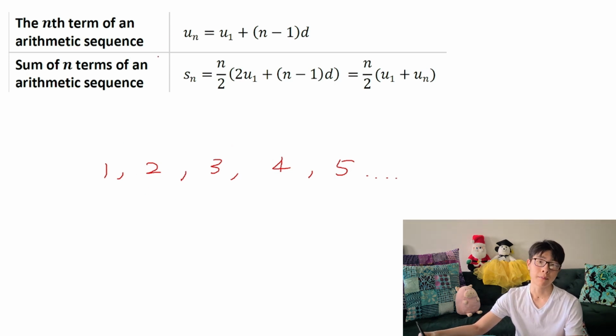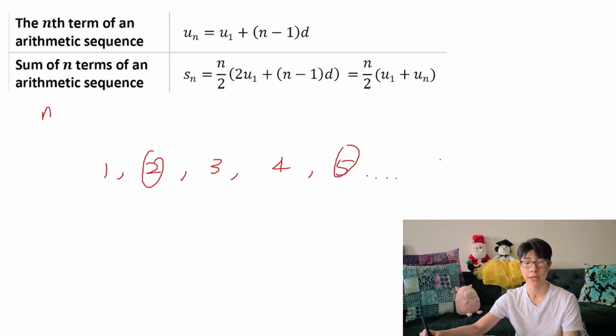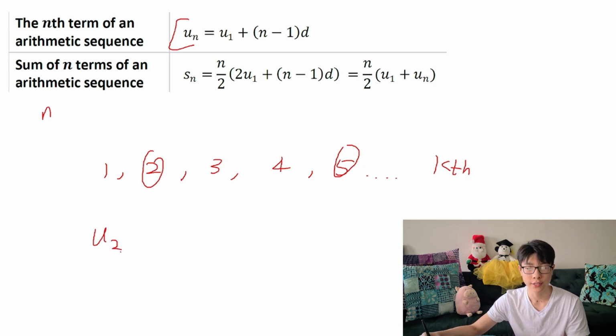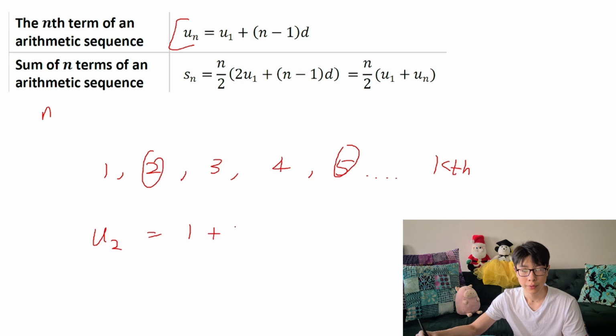So what does the nth term mean? Well, nth is sort of like an arbitrary definition for any term in a sequence. The second term could be the nth term. The fifth term could be the nth term. The kth term could be the nth term. Now, I know that sounds a little bit confusing, but the applications will be a lot simpler when we get to them. So it's basically saying if we want to find u_n, the second term, we substitute u_1 plus (n minus 1) times d.